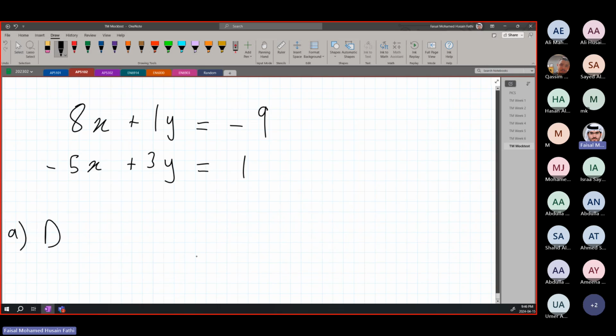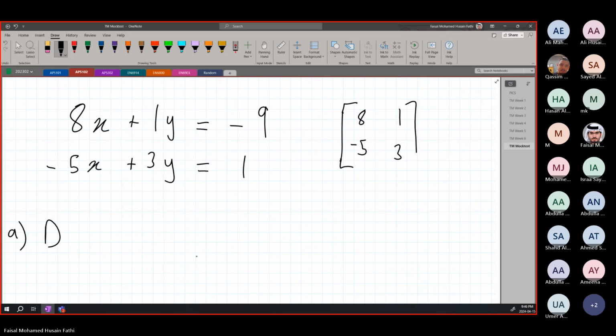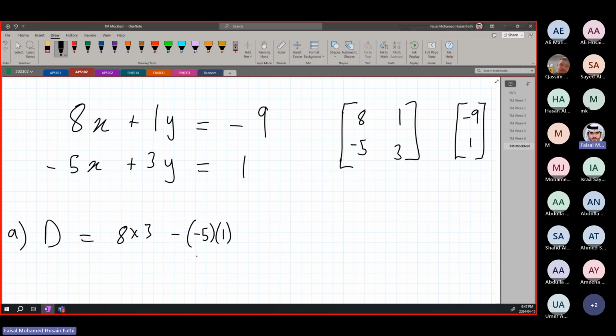First, let's draw our matrix. Our matrix is 8, -5, right? We are looking at the x's. Now we're looking at the y's, 1 and 3. All the constants are to the right side. Perfect. So our solution is -9 and 1. Okay. Determinant: 8 times 3 minus -5 times 1.